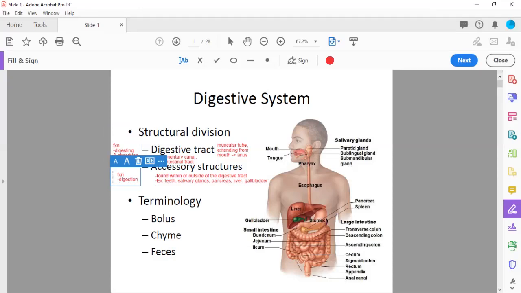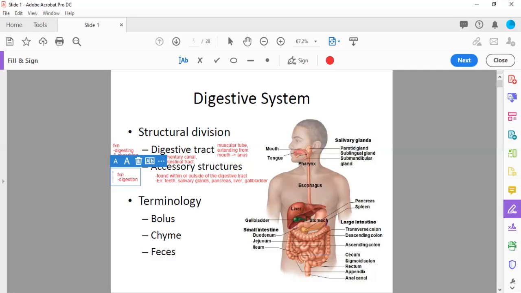Okay. Now, what exactly is bolus? Let's move on to the terminology: bolus, chyme, and feces. These terms signify the different stages of food as it enters the body and exits the body.